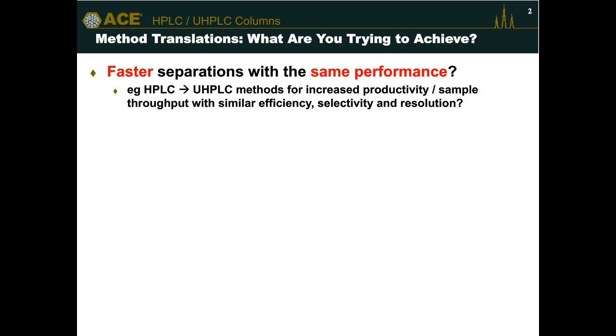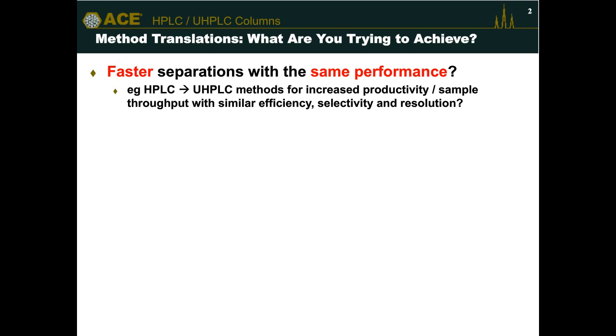There are other things we may want to do. We may want to transfer a method from HPLC to UHPLC, or we could just look at speeding up an HPLC method or potentially a UHPLC method as well.